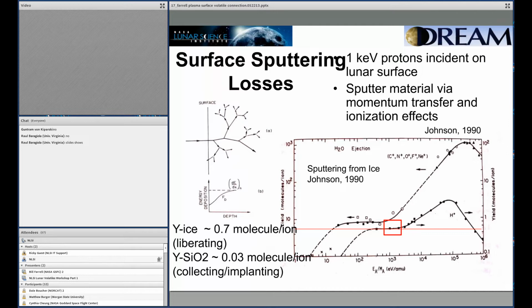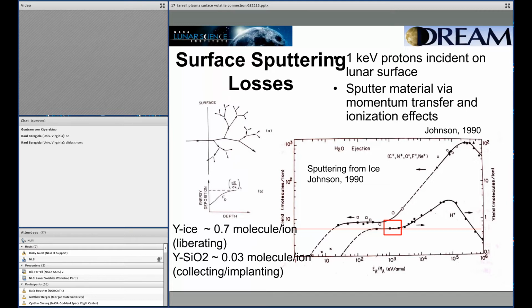And sputtering for 1 keV proton incident on something like the lunar surface, you'll get sputtering there as well. And sputtering really has 2 forms at 1 keV. One is momentum transfer, where simply the mass of the ion coming in ejects the material, but you also get some ionization at 1 keV as well.